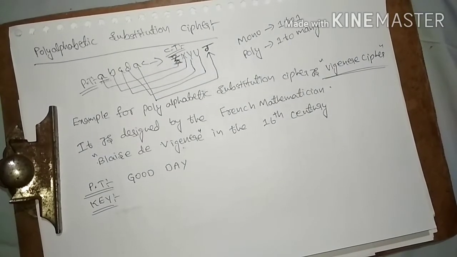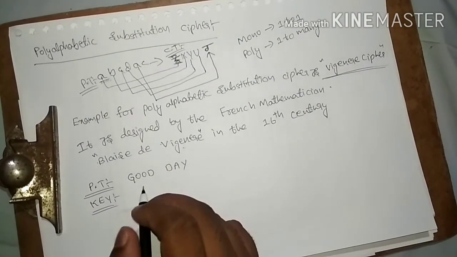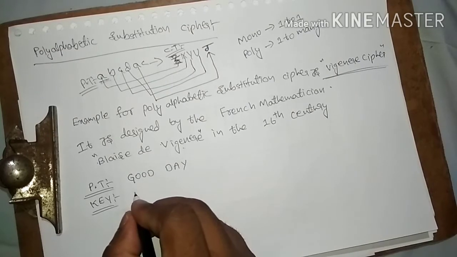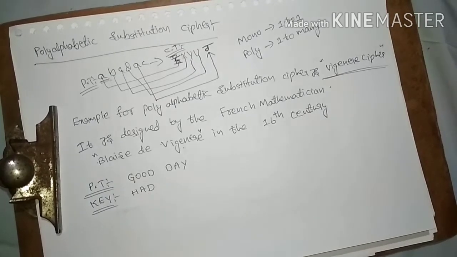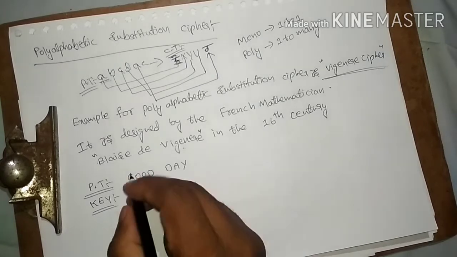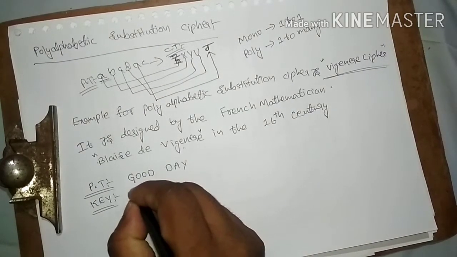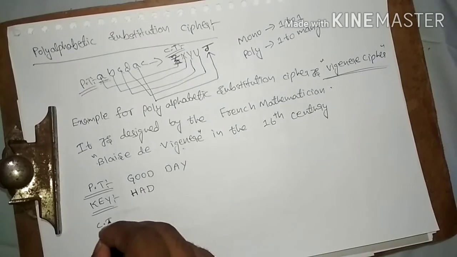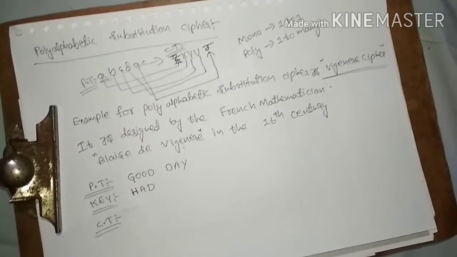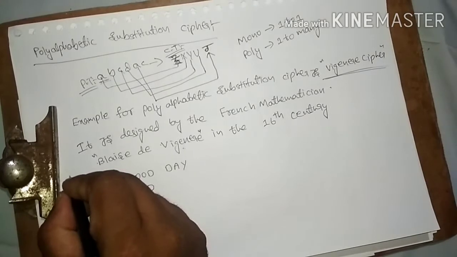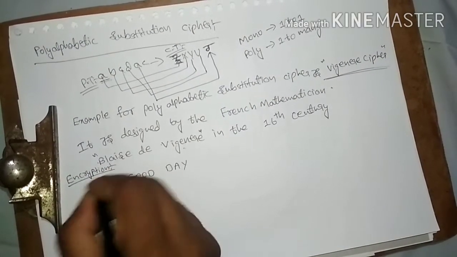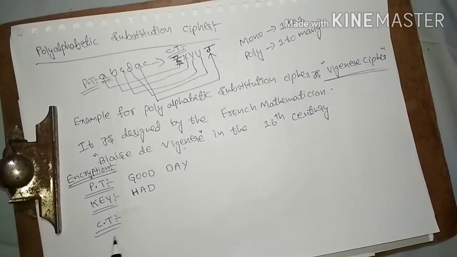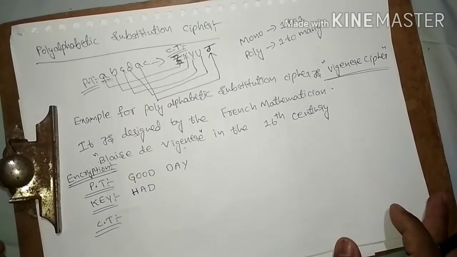Key is had. Had is the key. Okay. We have to generate ciphertext. This is in encryption. In encryption, plain text and key are given. We have to generate ciphertext.